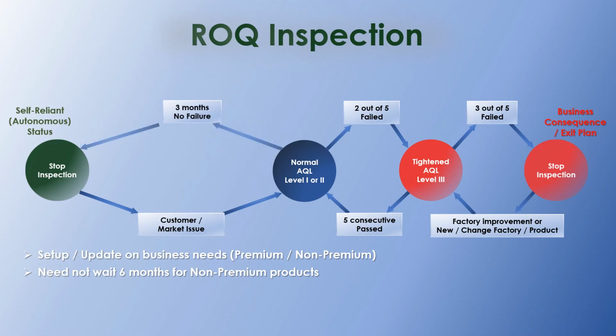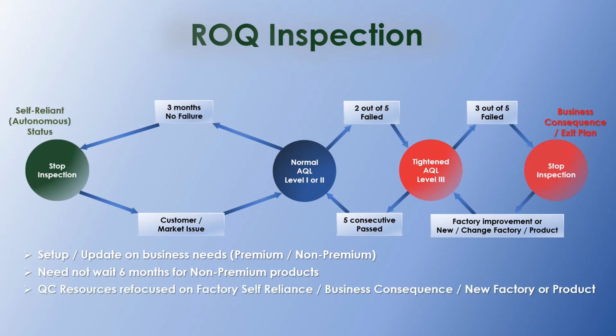And you need not wait 6 months for non-premium products to move a supplier or product to self-reliant or autonomous status. The freed up QC resources or headcount can then be reassigned or refocused on other products or factories to drive self-reliance, or on new factories or products and factories under business consequence.